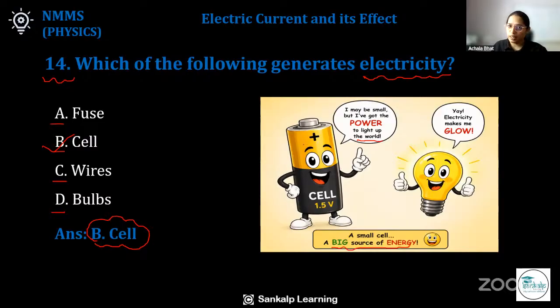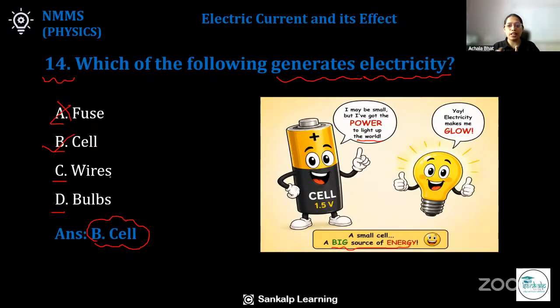Cell generates electricity. Here, fuse. Fuse is the arrangement which breaks down when high amount of electric current is passed. Fuse is wrong. See, wires.